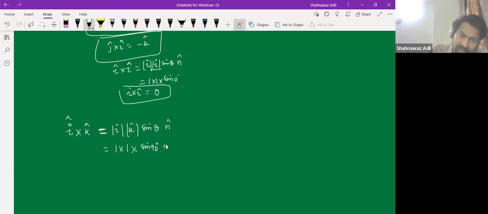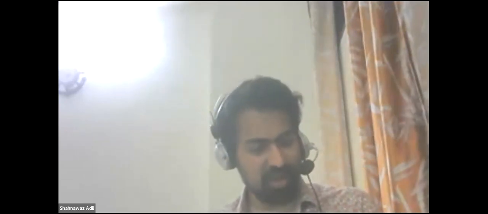Now sine 90 is 1, right? Now we have to figure out n hat. So this is I hat, this is J hat, and for my side this is K hat.